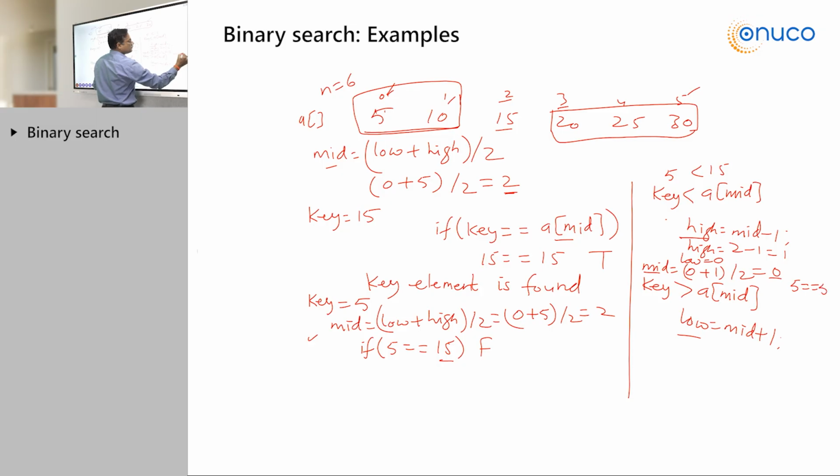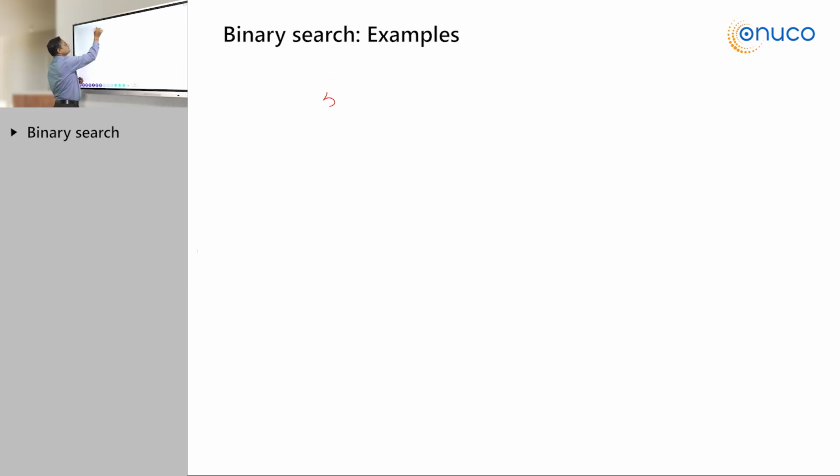So is 5 equal to 5? Yes, the condition is true and the element is found, right? Similarly, say here we have a problem scenario. All of you please concentrate. The list is 0, 1, 2, 3, 4, 5.